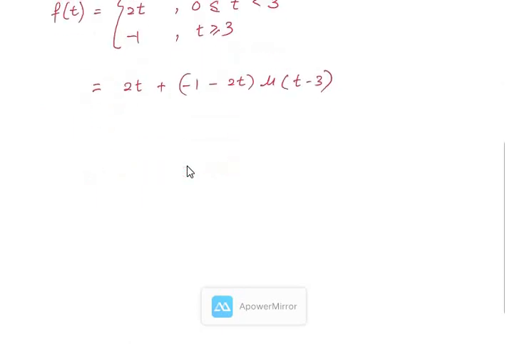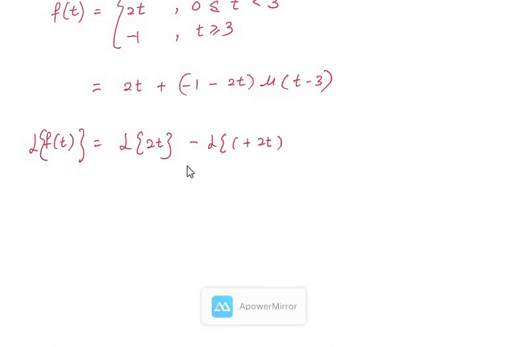Now we want to find the Laplace transform of f(t). That is the Laplace transform of 2t minus the Laplace transform of 1 plus 2t.